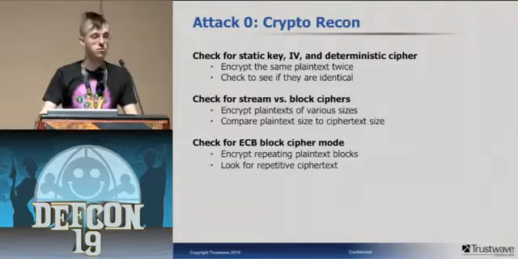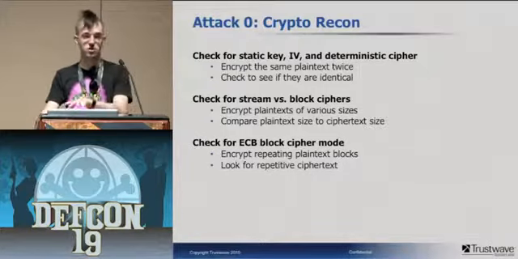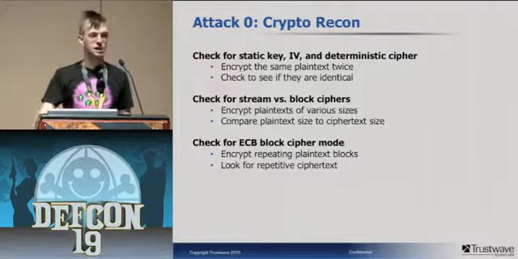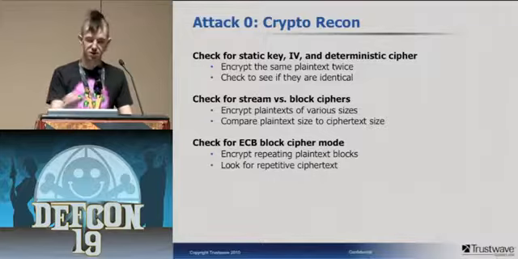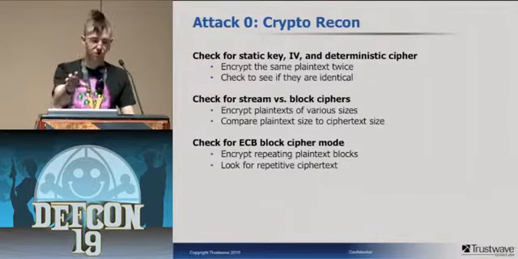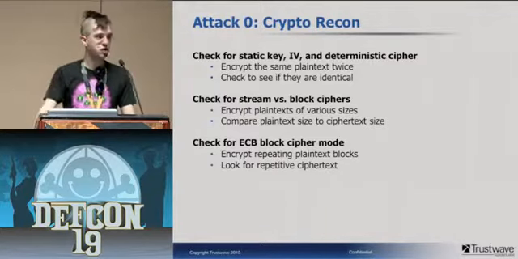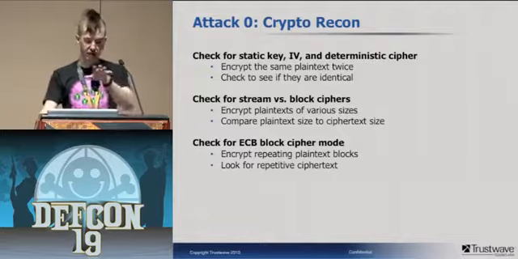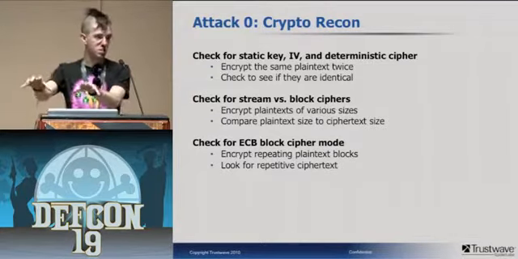You can also check for ECB block mode. This is a little bit different from CBC, which I described earlier, in that each block is independent of other blocks and encrypted independently. So if you have repetitive plain text like 8 uppercase A's, 8 uppercase B's, 8 uppercase A's, 8 uppercase B's, and that's your plain text, your ciphertext is going to have blocks 1 and 3 being identical and blocks 2 and 4 being identical.